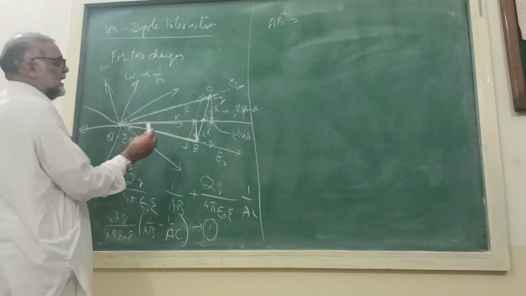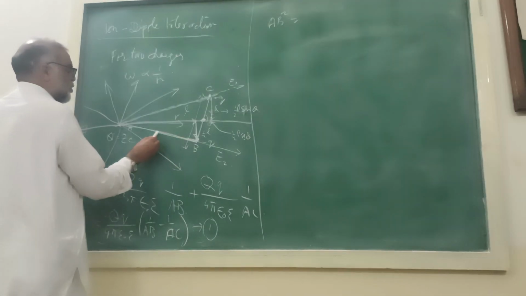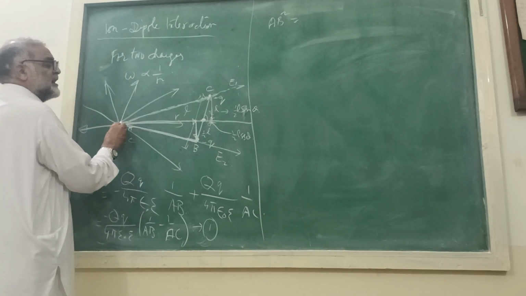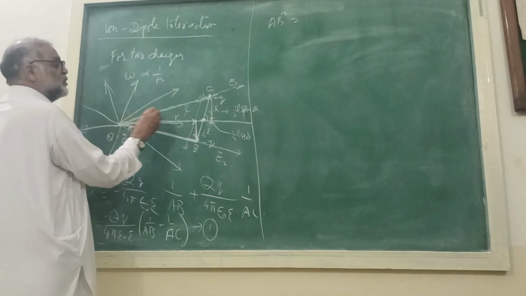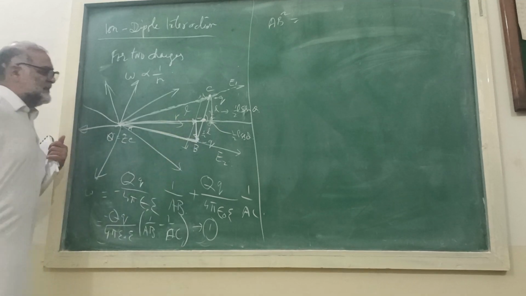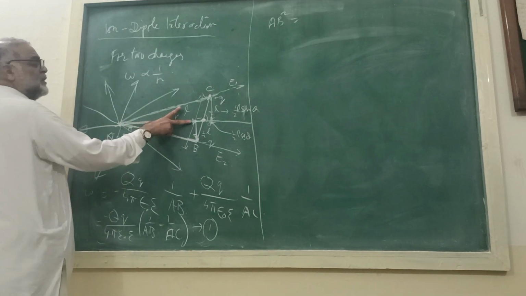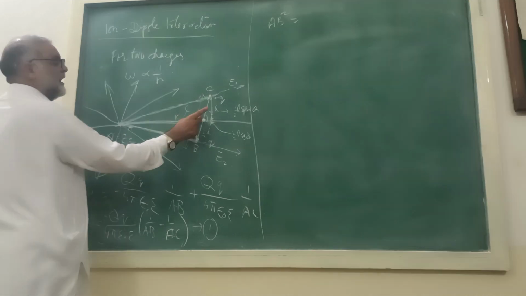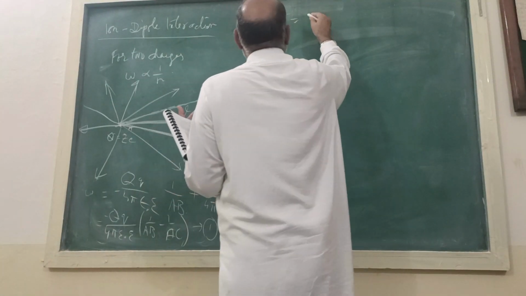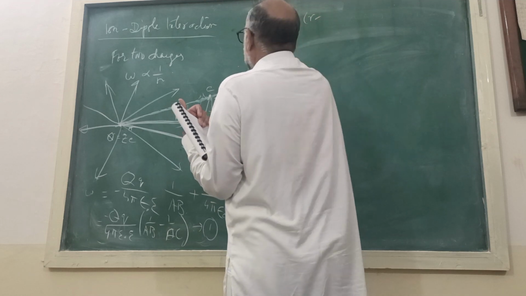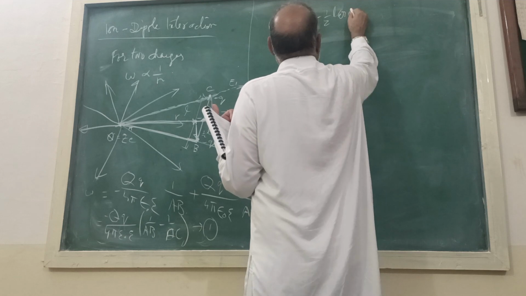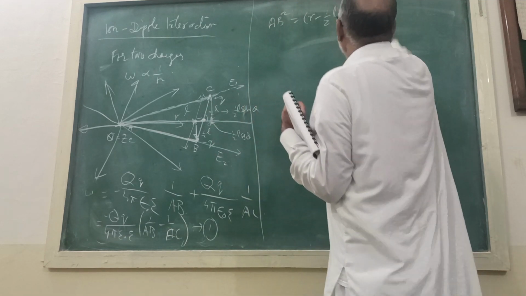So this side whole square is equal to this side, and this is equal to total R minus this. So that will be R minus 1 over 2L cosine of theta whole square.